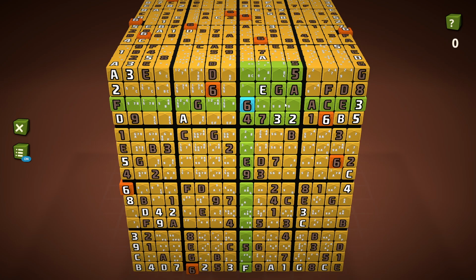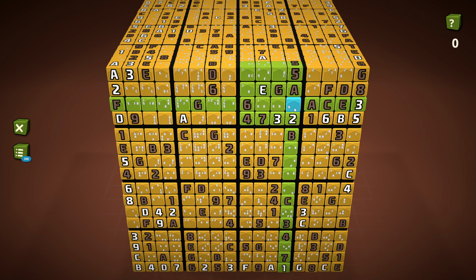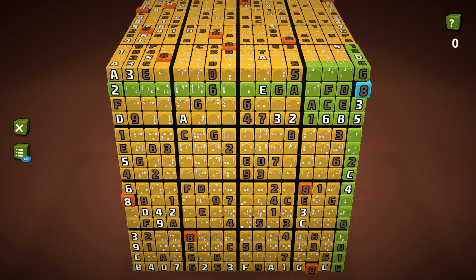So not on top here, not on that one, but it could be in those 4. Okay, we have the 7. So 8 in this column. So it sure looks like that could still be an 8. Okay, all those are 8s.